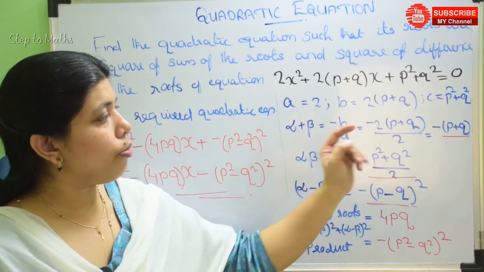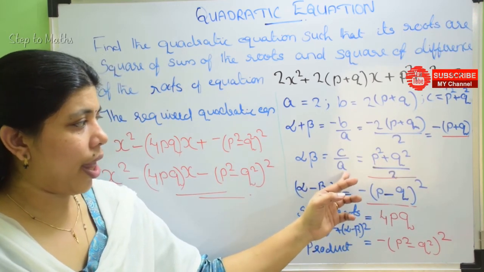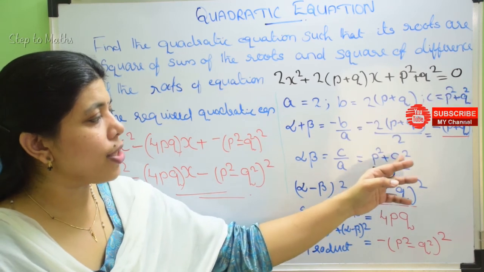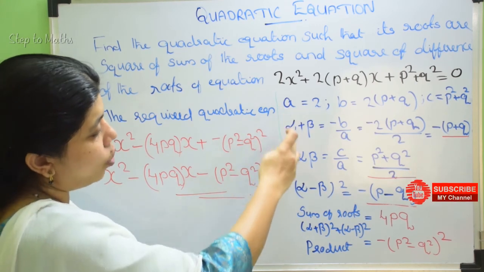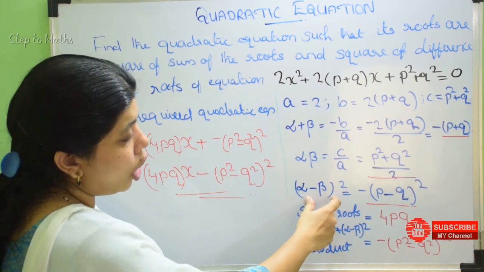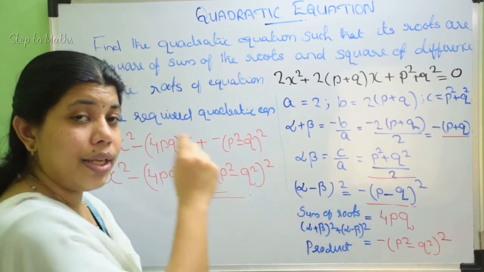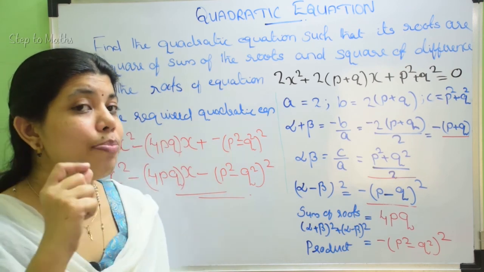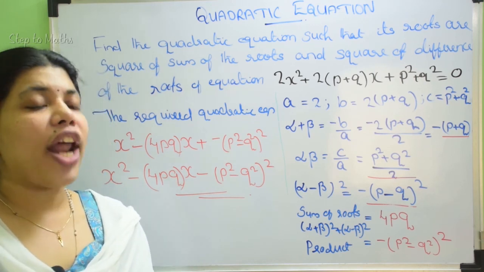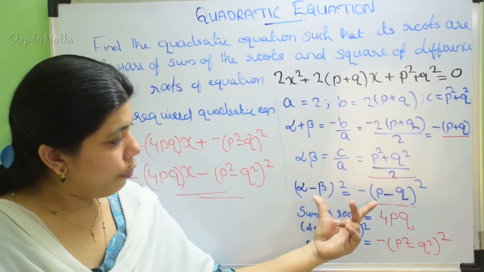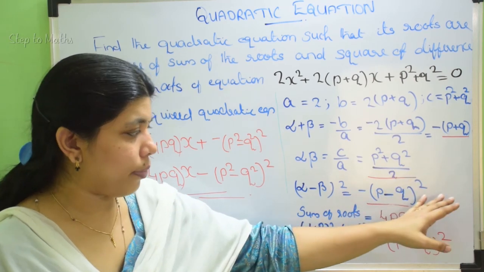Here the value of the sum of roots is minus of p plus q, and the product of roots is c by a, that is equal to p square plus q square by 2. Using these two values, we find the square of the difference of roots, using the relation alpha minus beta square is equal to alpha plus beta square minus 4 alpha beta. We find its value, that is minus p minus q whole square.